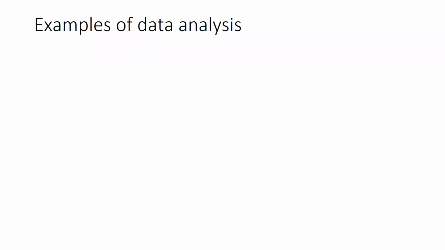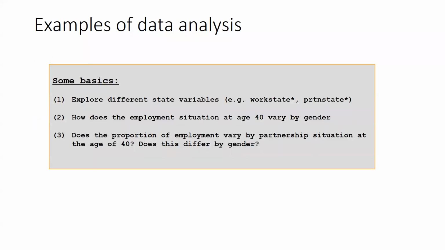We have two examples of data analysis, some rather basic examples, and then in the second step, some more advanced examples. In the first step, we want to explore the data and look at work state and at partner state, and then we want to see how the employment situation at age 40 looks, if it varies by gender, so are there differences between men and women, and we want to see if the employment situation varies by partnership status.